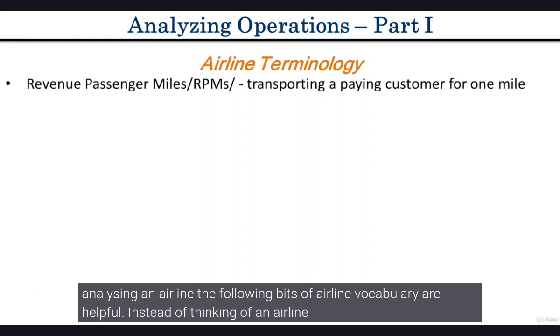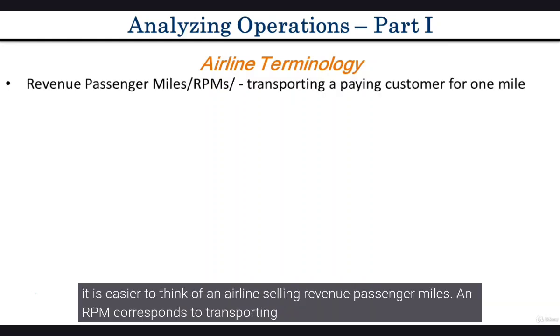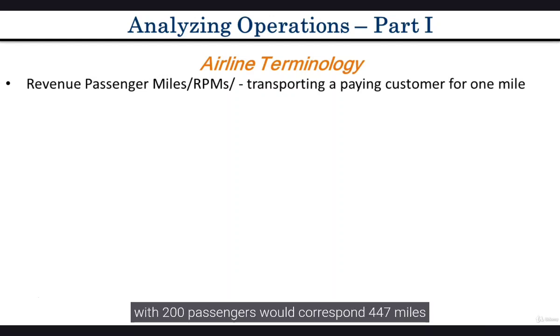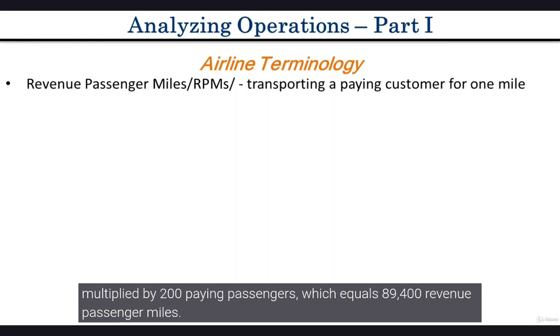Instead of thinking of an airline selling tickets, it is easier to think of an airline selling revenue passenger miles. An RPM corresponds to transporting a paying customer for 1 mile. A flight from Philadelphia to Boston, for example, with 200 passengers would correspond to 447 miles multiplied by 200 paying passengers, which equals 89,400 revenue passenger miles.